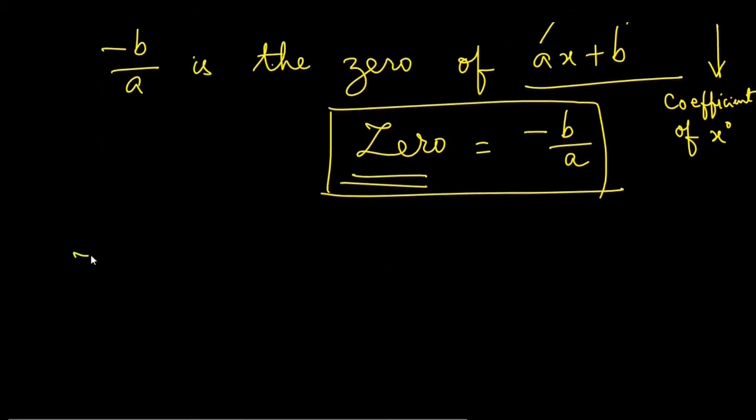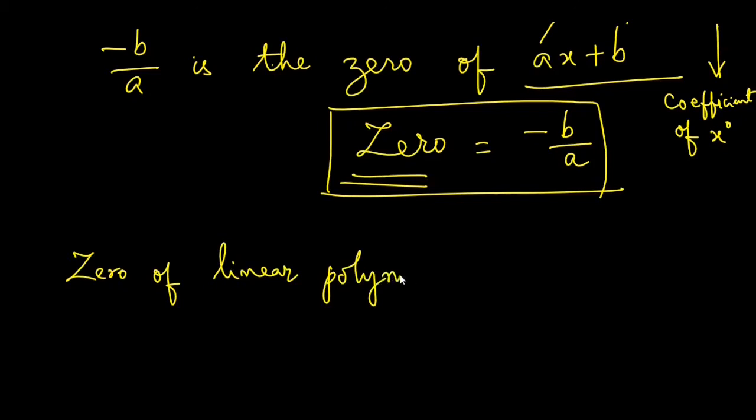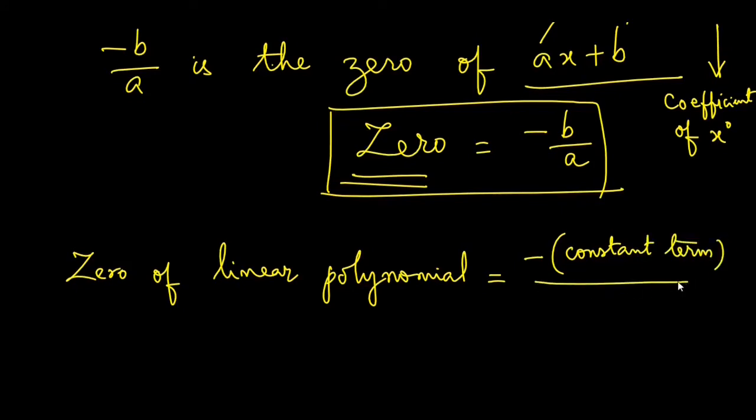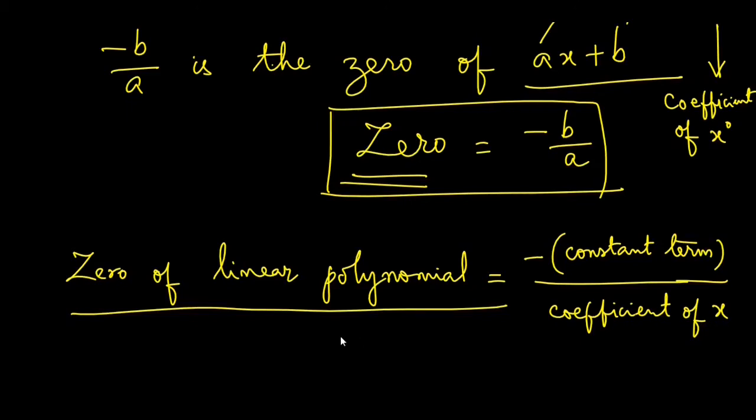So 0 of linear polynomial is equal to minus constant term by coefficient of x. 0 of a linear polynomial is minus of constant term by coefficient of x.